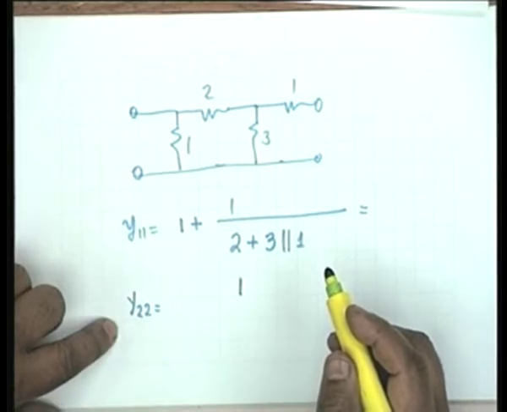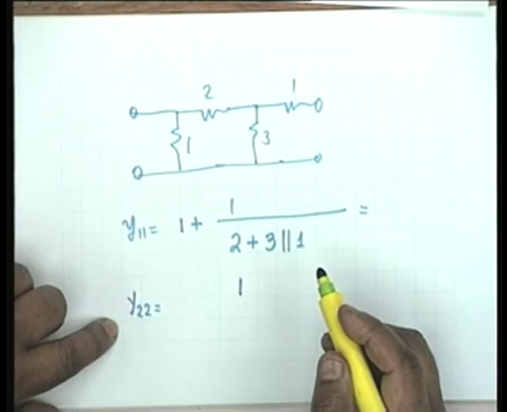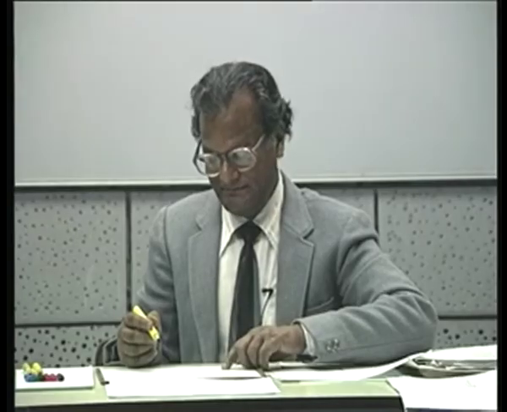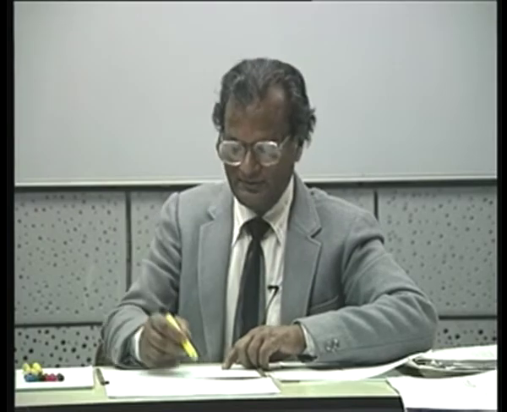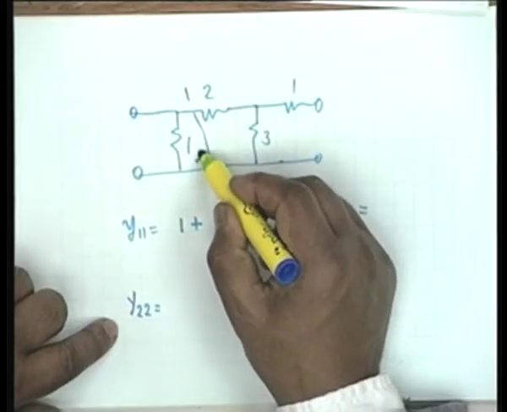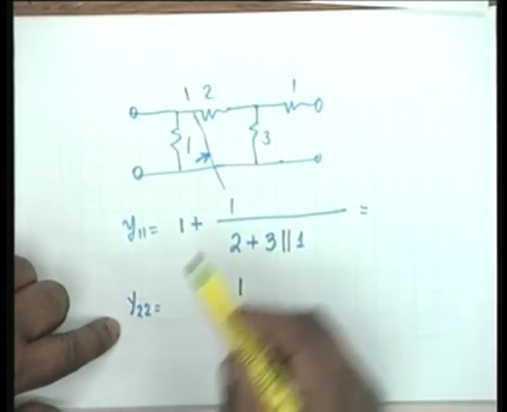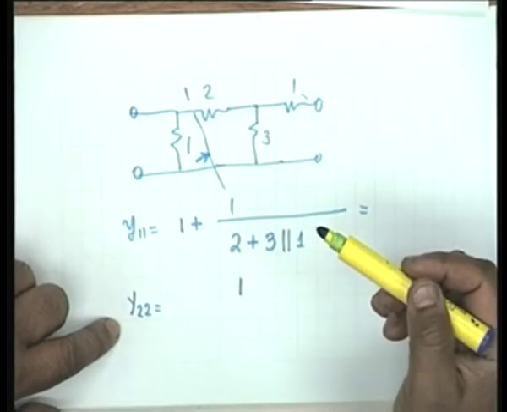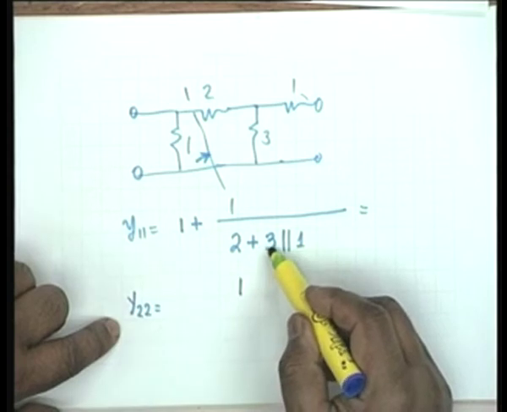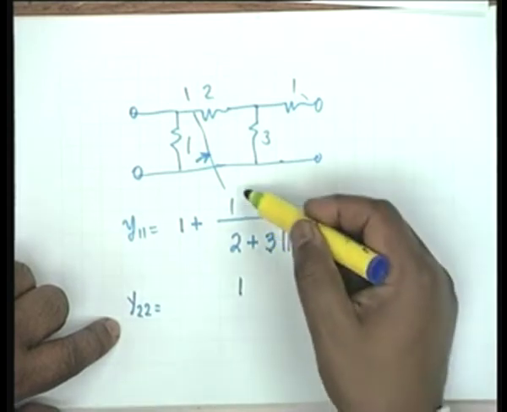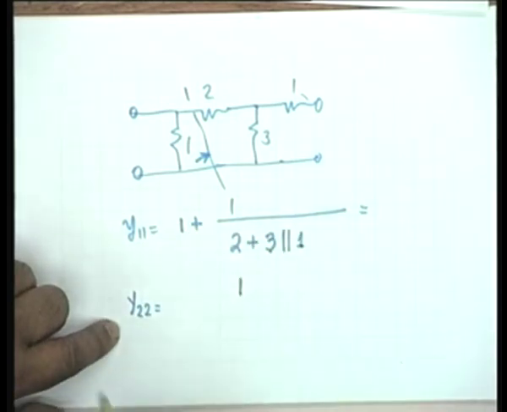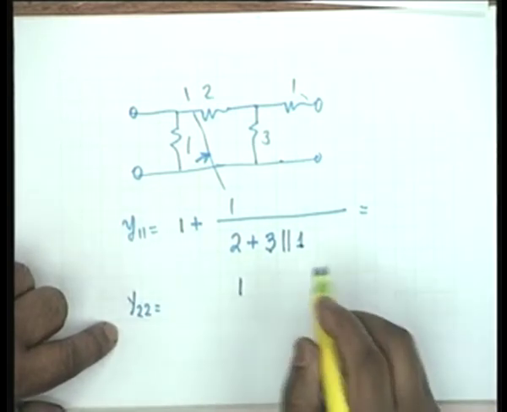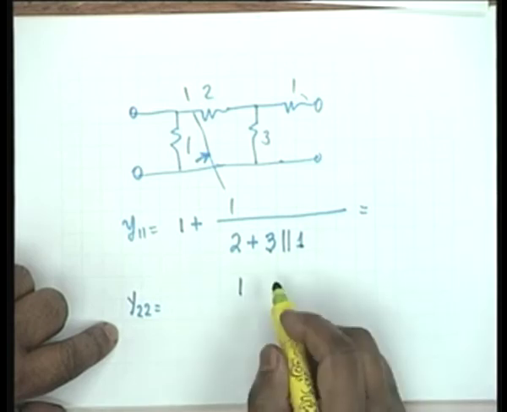If we are taking the admittance, won't it be 1 plus 1 by 2 parallel 1 by 4? No, no. You see, I am calculating the impedance looking here. This is 2 plus the effective impedance of 3 and 1, which is 2 plus 3 parallel 1, and the reciprocal of that adds to 1. Don't make such mistakes. One has to be careful. That's why I said nothing is routine here.